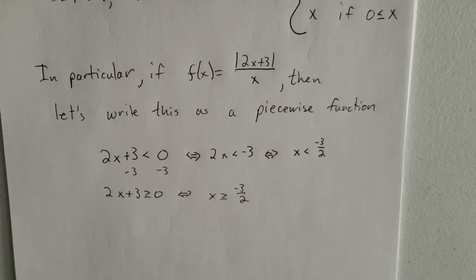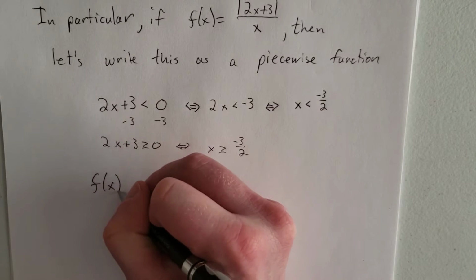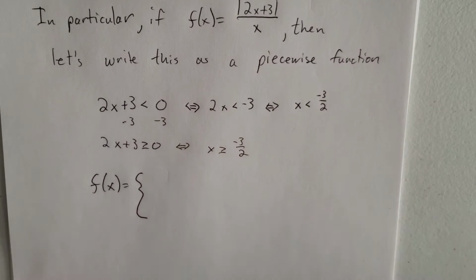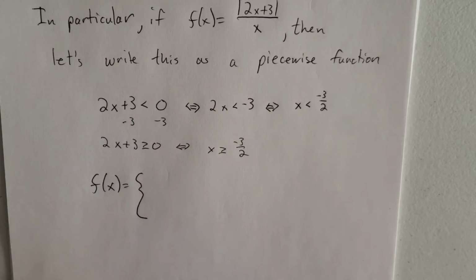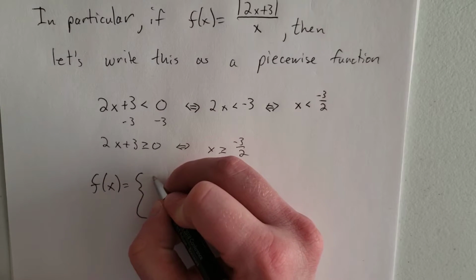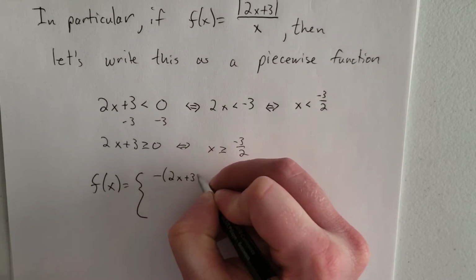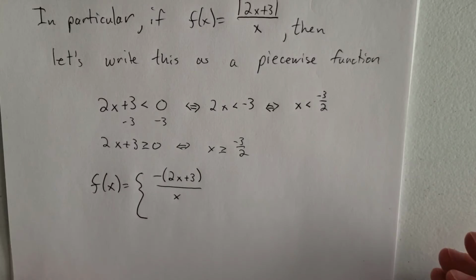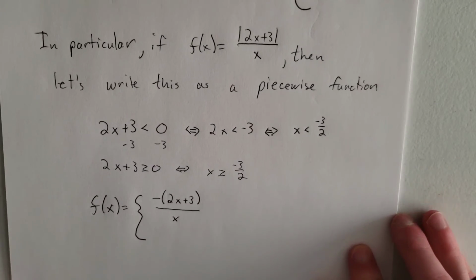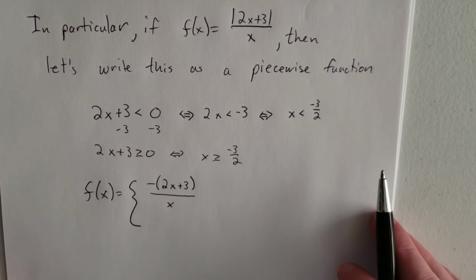So what does all of this mean? Well, this means that our piecewise representation is f of x is equal to, and now instead of the absolute value of 2x plus 3, we want to write negative of that, 2x plus 3. This is all, of course, still divided by x, because our function was the absolute value of 2x plus 3 divided by x.